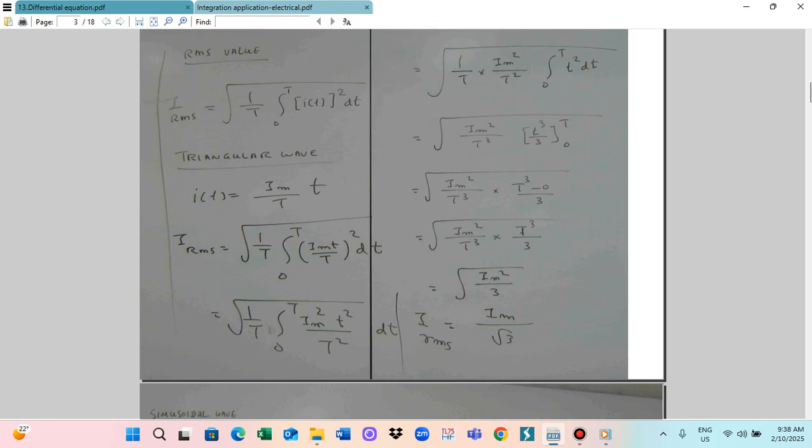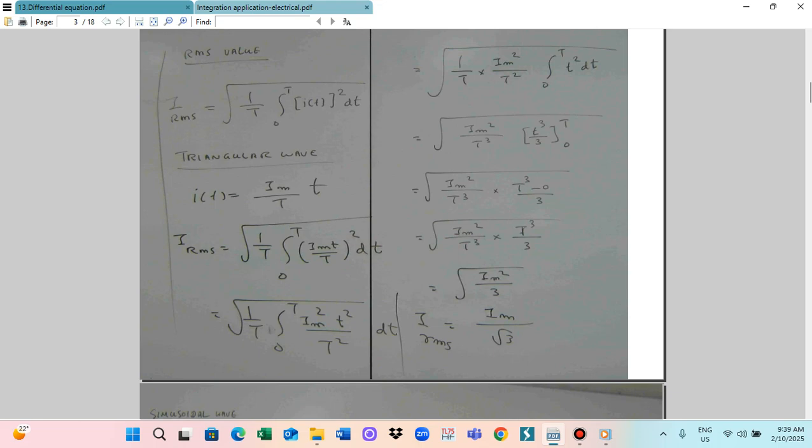The triangular waveform equation is i equal to Im t divided by capital T. So this is the equation for the triangular waveform. Here, instead of i, you have to substitute Im t divided by T.